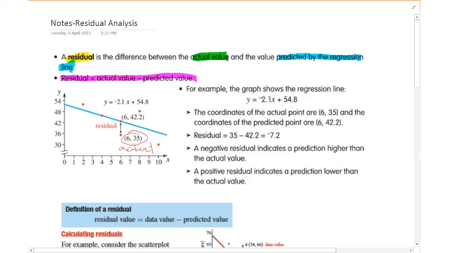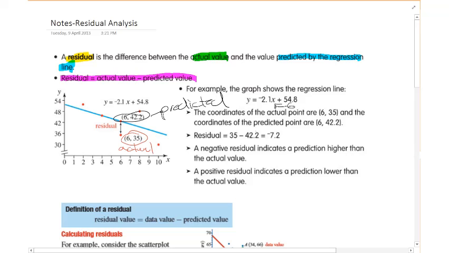And for the predicted point, in this case I'd put in 6 here and go negative 2.1 times 6 plus 54.8. I'd get a number, and that number is 42.2. Okay, so this here is your predicted. And you notice that when I say predicted, it's actually on the regression line.